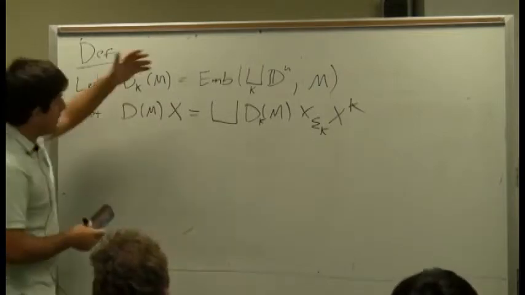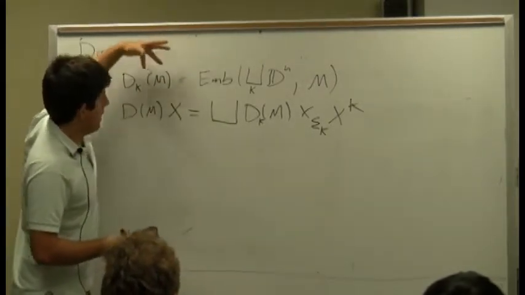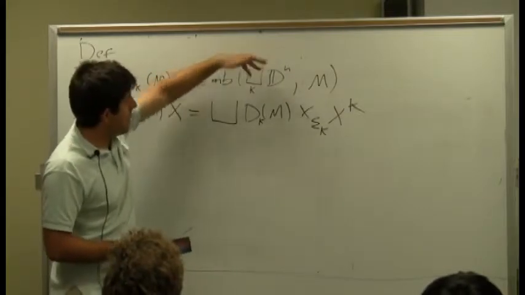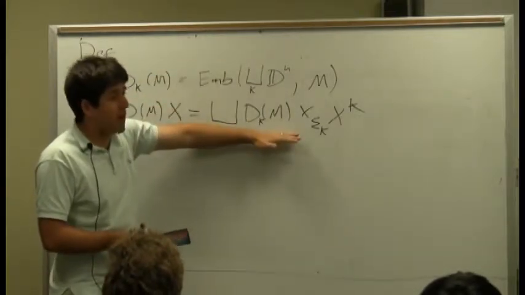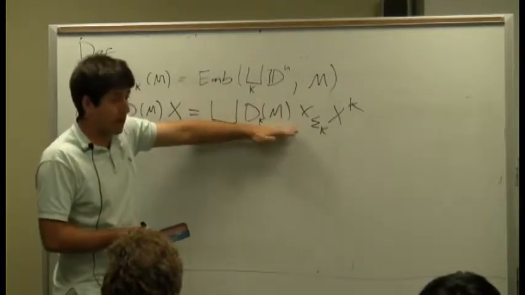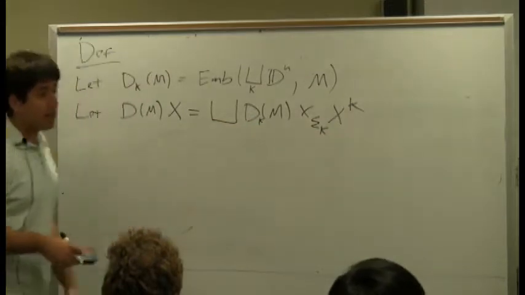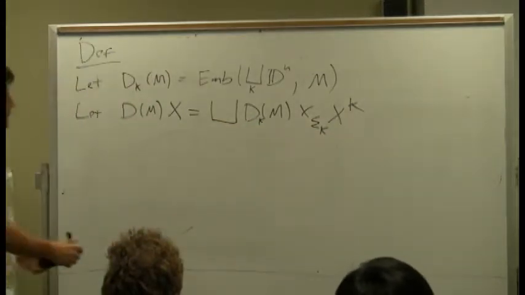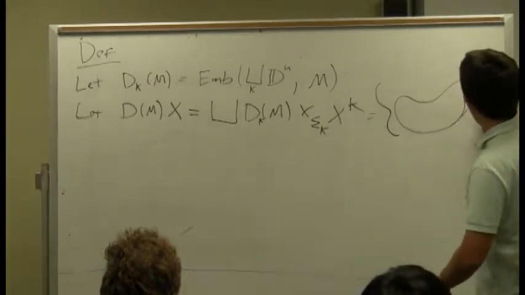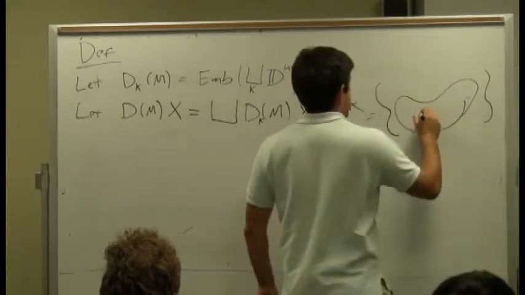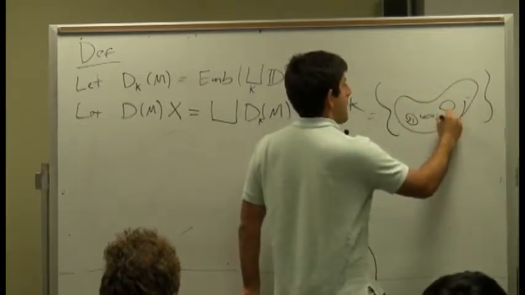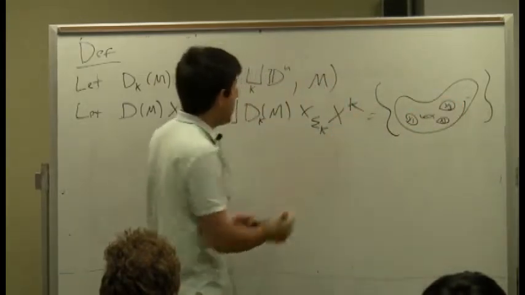So this is the configuration space of ordered parametrized disks in your manifold M, and this is the configuration space of parametrized but unordered configurations of disks in your manifold M, but labeled in your space X. So a picture of a point here is we've got some disks, and each disk is labeled by a point in X.